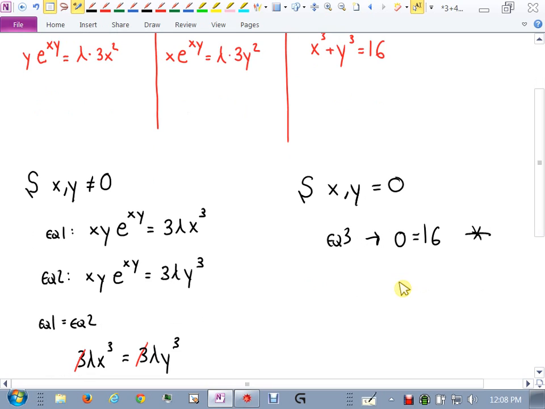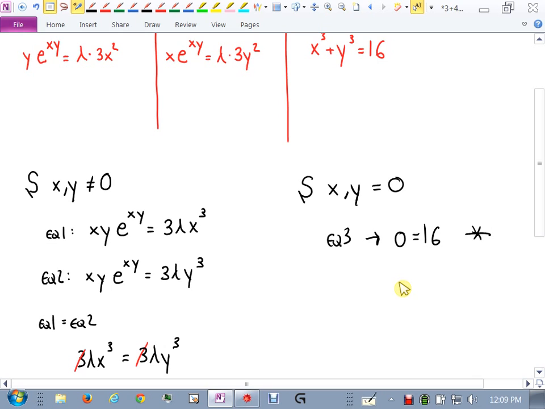Now this is kind of something to ponder for a second. In the beginning I said, suppose x and y are both not 0. I need to look at the other case. Is the other case that both x and y are 0? Or is there something else I still need to look at?